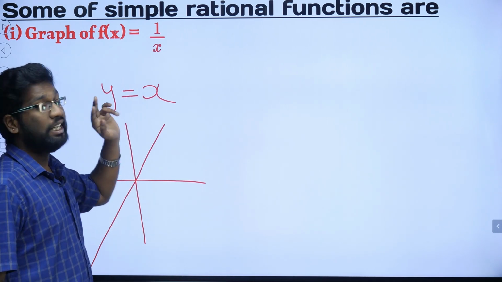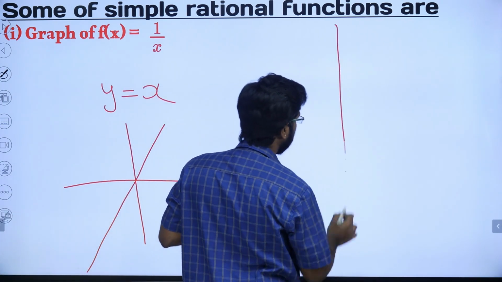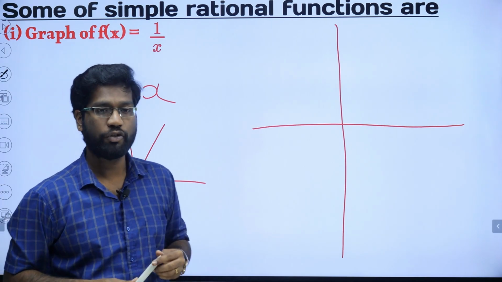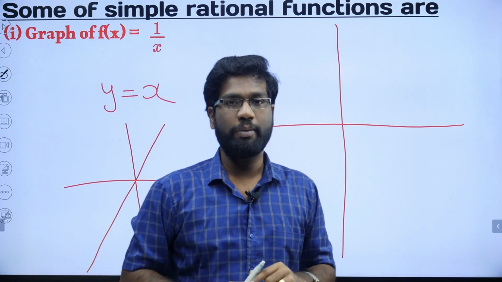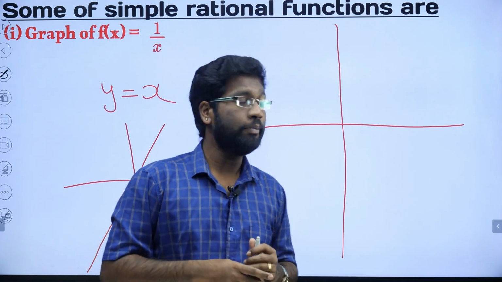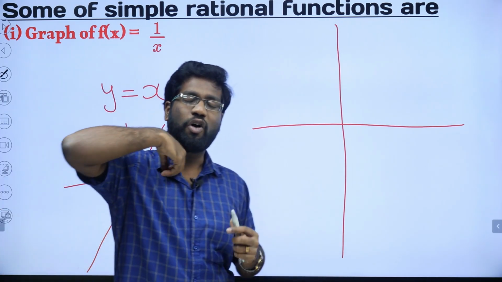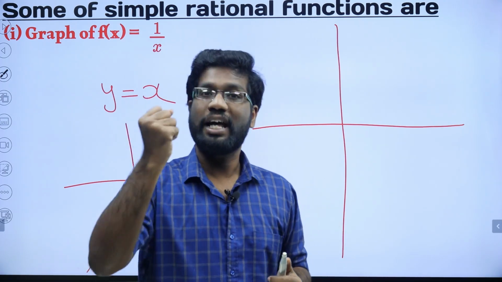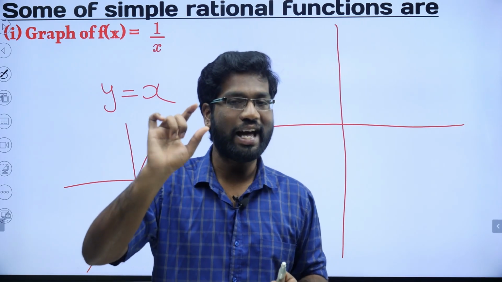But here they have taken the reciprocal. So what we have to do? Before you draw the graph, my dear students, first you have to know what the domain and codomain are. Particularly domain. What is domain actually? For the function, the domain means for whichever value I get a defined output, that value is there in the domain.